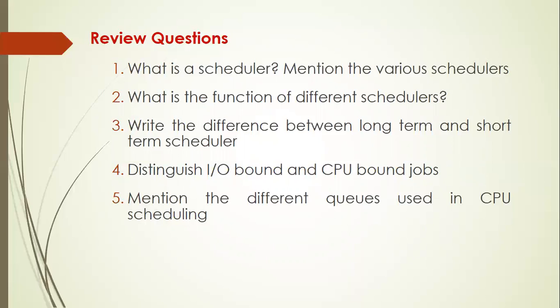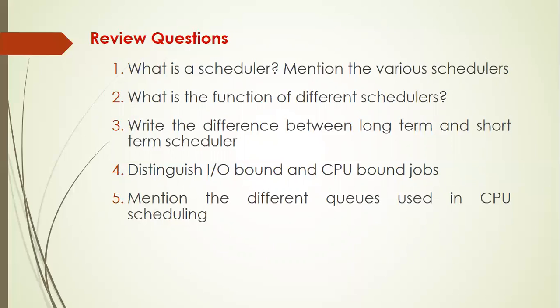So definitely, you should always remember, the long-term scheduler function is to move the program from job queue to ready queue. That's all. The short-term scheduler function is to decide, out of the programs in the ready queue, which should be given the CPU first, which should be given the CPU next, etc. And the medium-term scheduler function comes only in case of swapping.